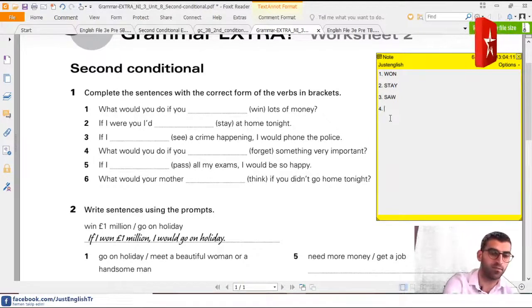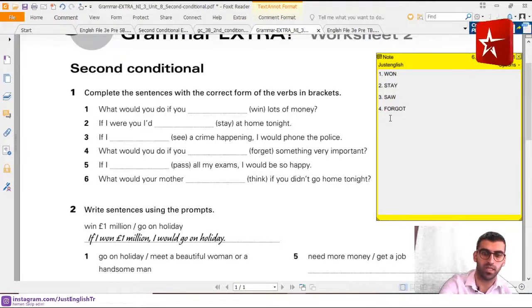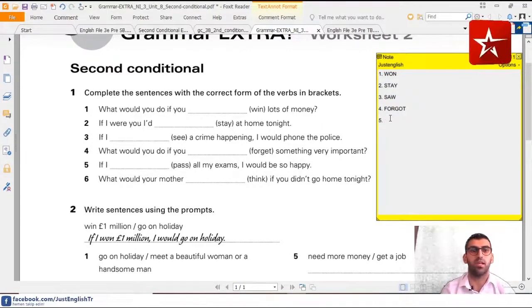Yes, forgot, F-O-R-G-O-T. That's the correct answer for number 4. What would you do if you forgot something very important?